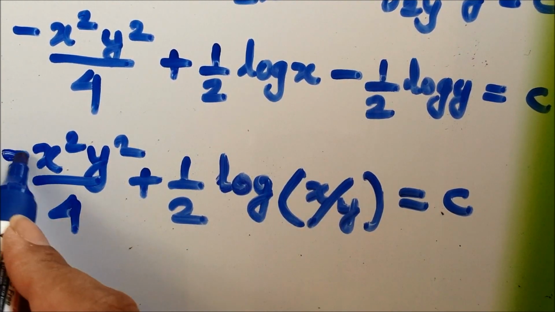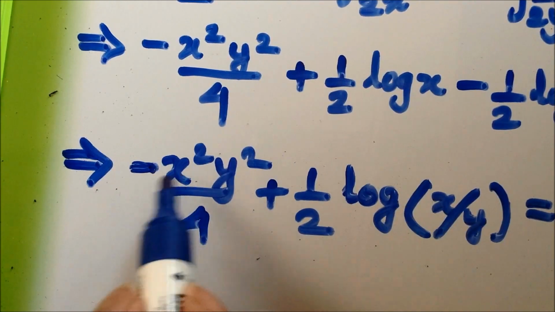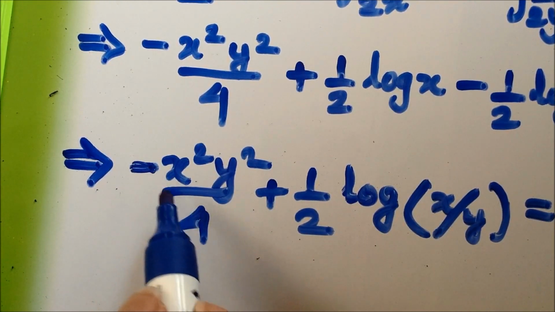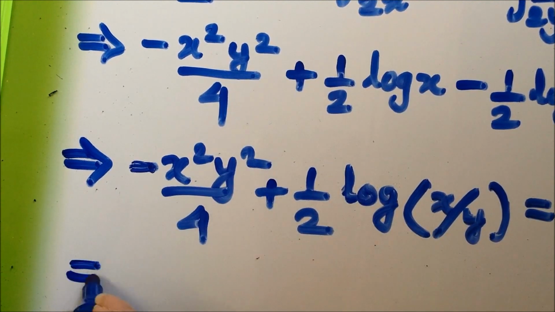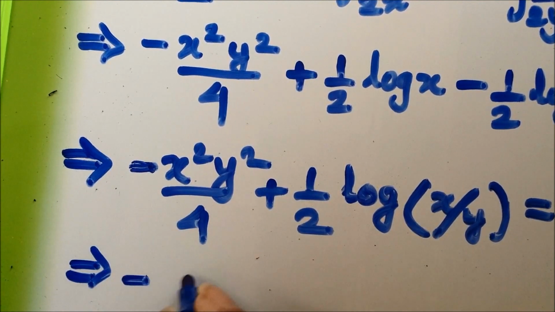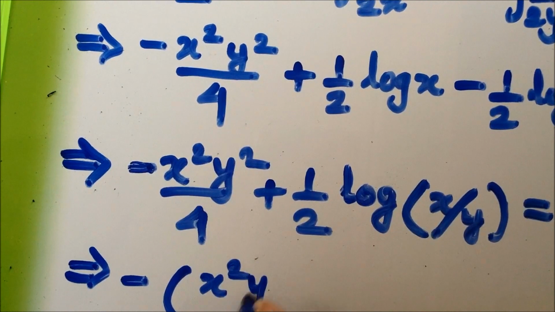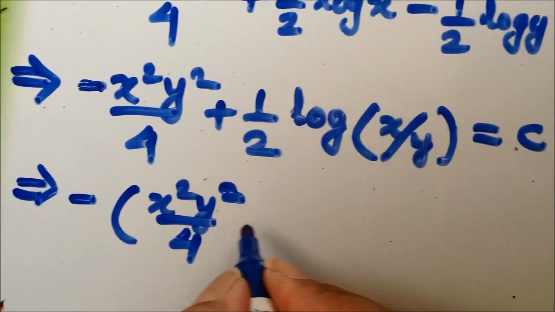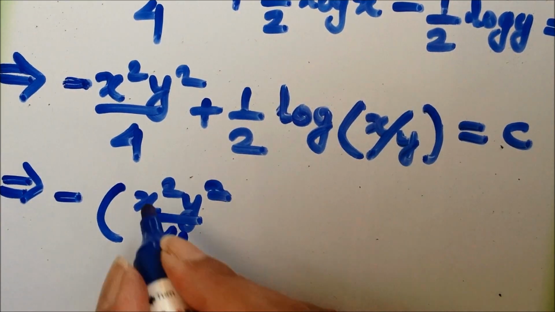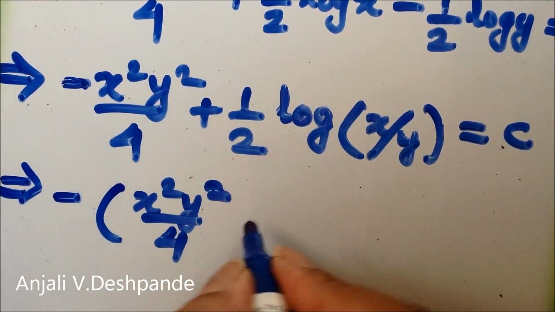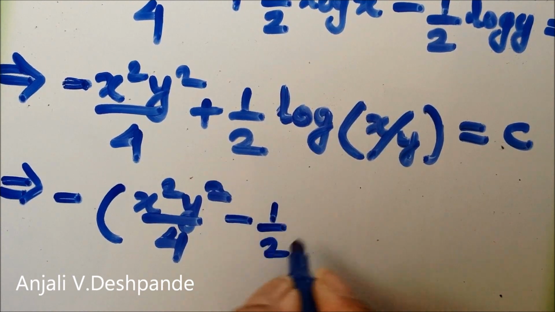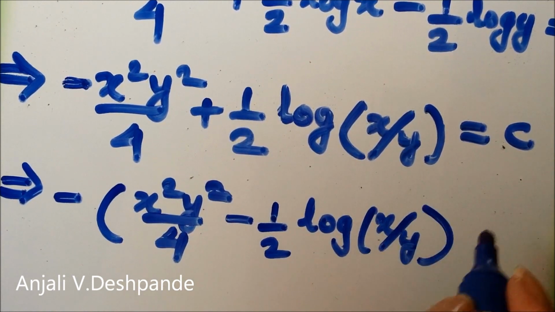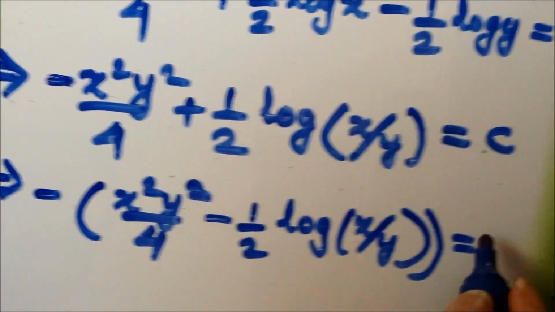For example, if we are not happy that we have minus over here, we can take the minus sign outside. That means we can write like this: minus x square y square divided by 4, right? And if we take the minus sign outside, then we can write like this: minus half log of x upon y is equal to c.